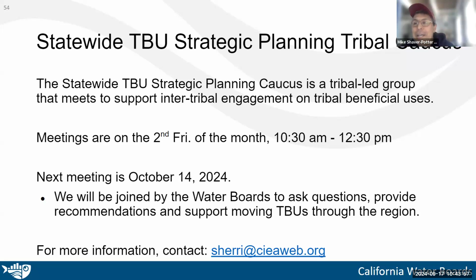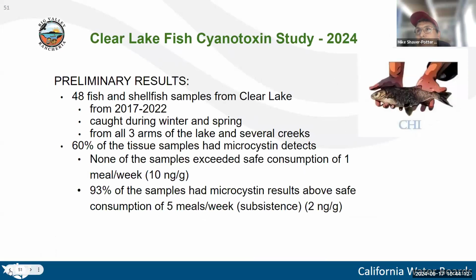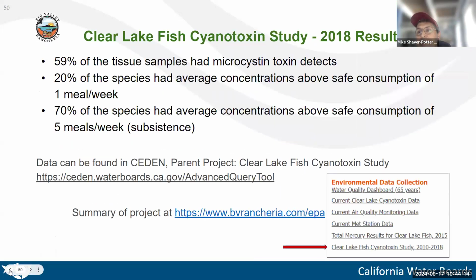Hi, Sarah. Hi, Anna. Thank you for your presentation, Sarah. And I want to compliment you again for all your work on Clear Lake with the tribes. I just want to make note of the meals per week. As you said, you try to reflect more of a traditional diet of 5 meals a week, and it really jumped out at me.